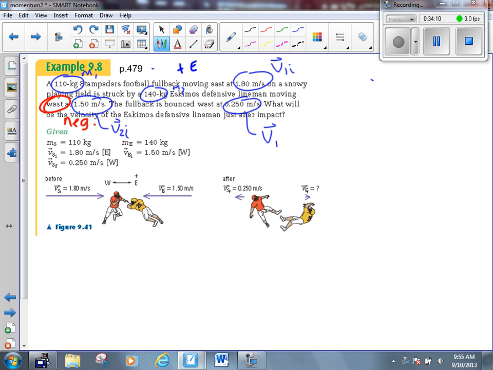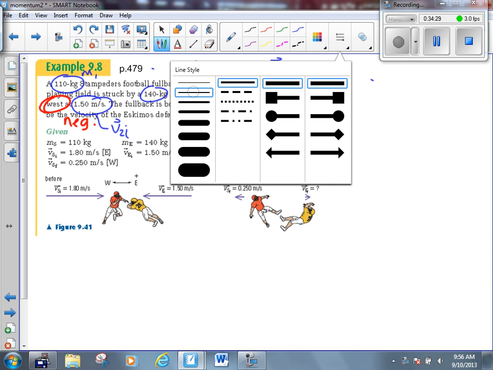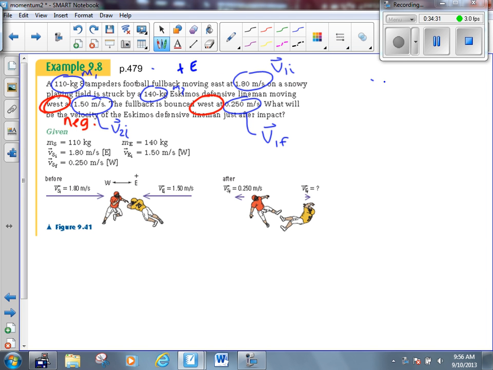Is it going to be V1I or V1F? Initial or final? Final. That's how fast he's moving after the collision's taken place. We're also going to circle that in red because it's west, and we got to make it a negative value. We're looking for the velocity of the defensive lineman just after impact. We're looking for V2F.